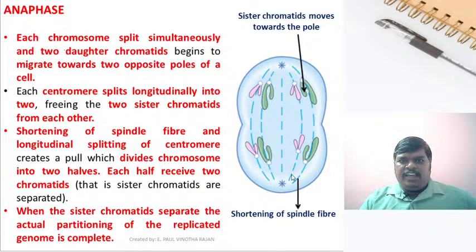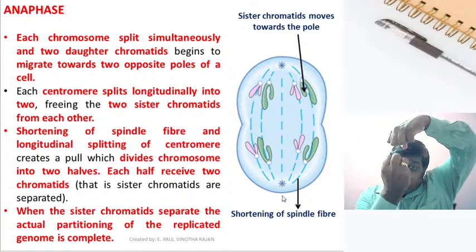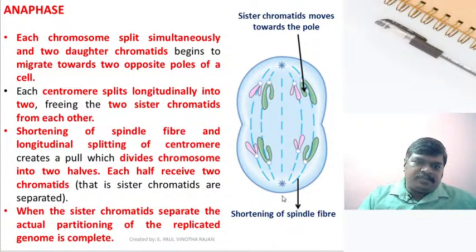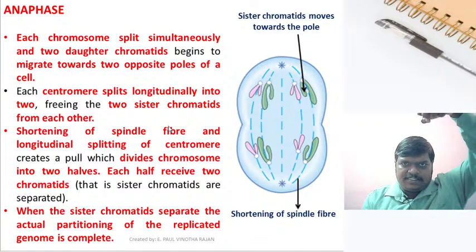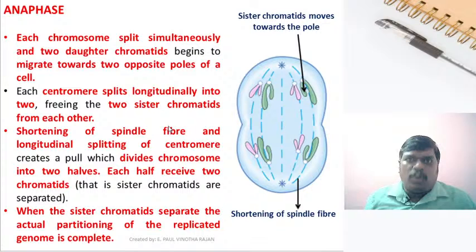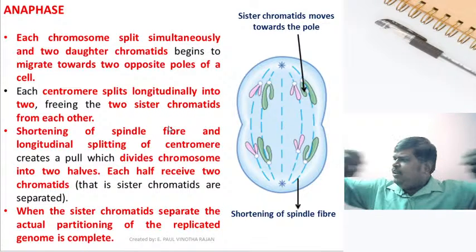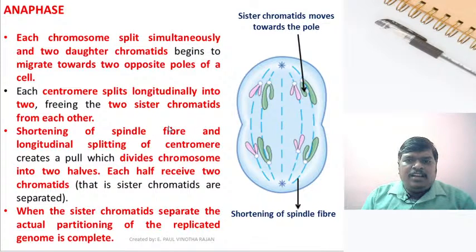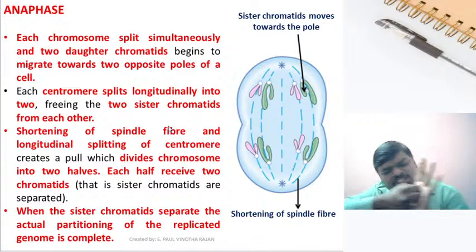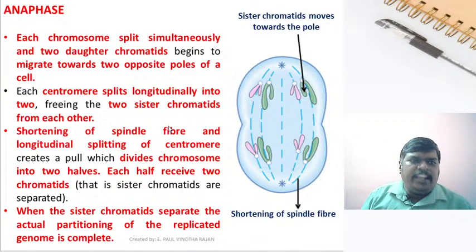During anaphase, the centrioles will shorten the spindle fiber. It just pulls like this, just like a tug of war, right? Two people try to pull on opposite sides. Like that, what will happen? The spindle fibers that are attached to the kinetochore start shortening.